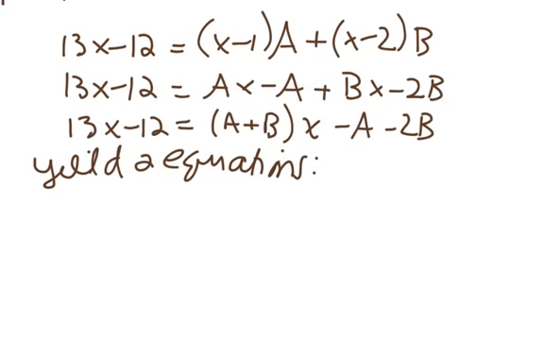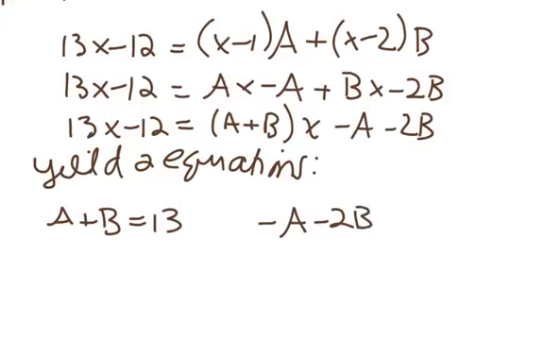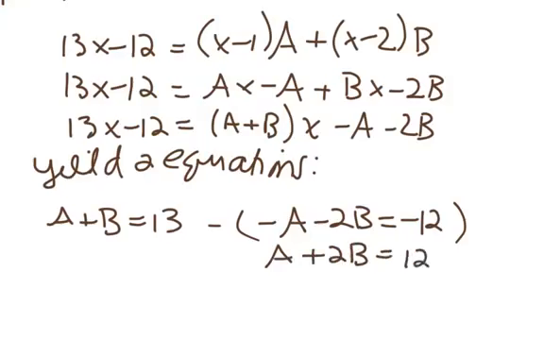It's going to yield A plus B is equal to 13, and it's going to yield minus A minus 2B equals minus 12. Okay, so I'm going to multiply this whole thing through by negative 1. And you're left with A plus 2B equals 12.